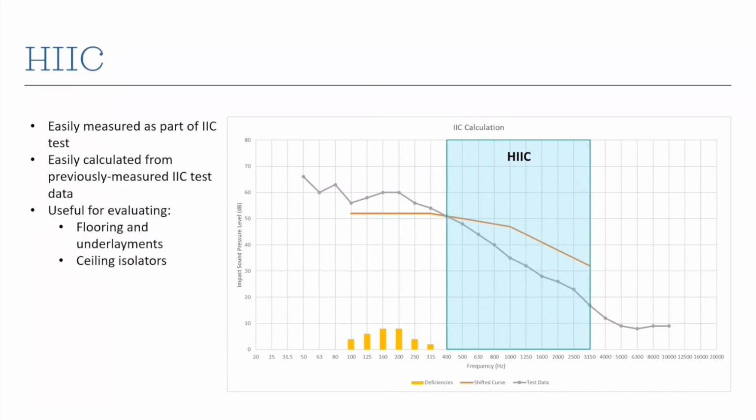And I've run across many instances where those IIC requirements within the CC&Rs are unobtainable because of the existing building structure that the owner can't do anything about. And HIIC can help you differentiate between the different flooring and underlayments in a way that's really more applicable and realistic for that situation. The HIIC can also help differentiate between ceiling isolators and their level of performance at those higher frequencies.